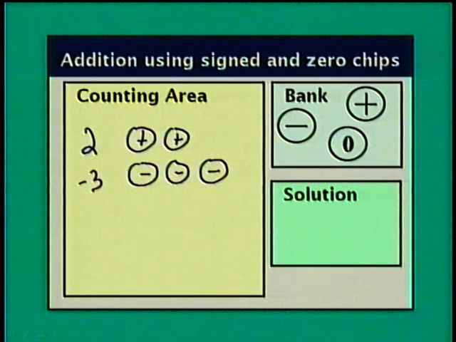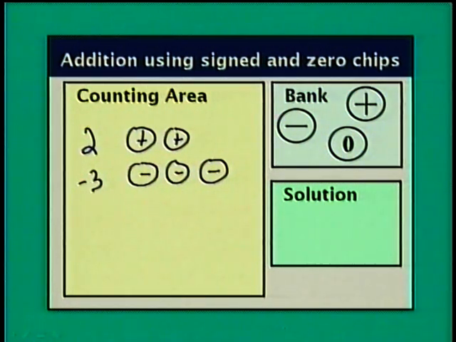Now you might be wondering, what's the purpose of the 0 chip? The 0 chip is kind of the magic chip, because every time I encounter one positive chip paired with one negative chip, I can replace those 2 chips with a 0 chip. It's kind of like voting on a yes or no question. One yes vote and one no vote taken together nullify one another.